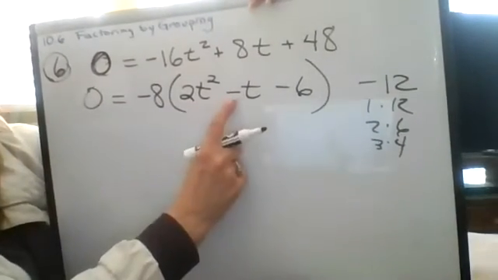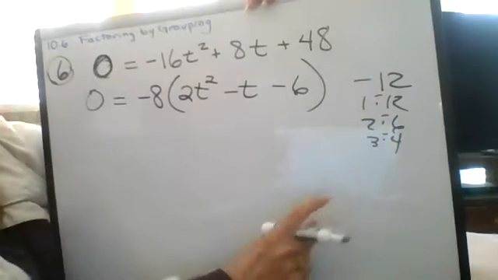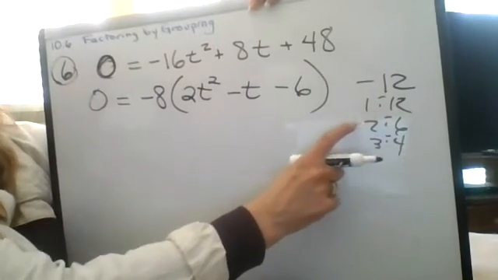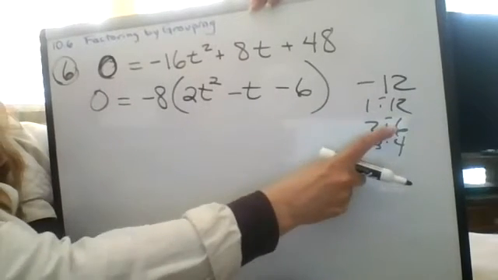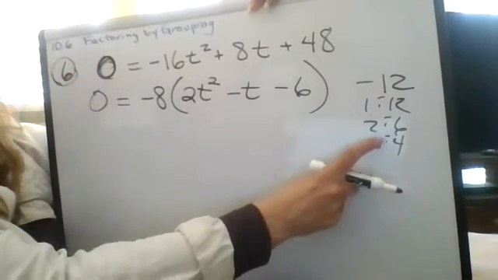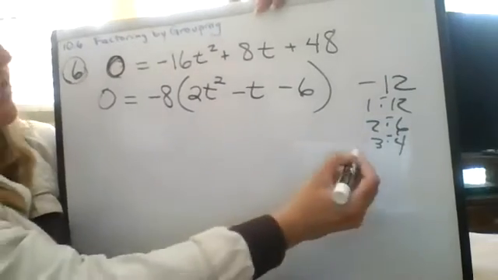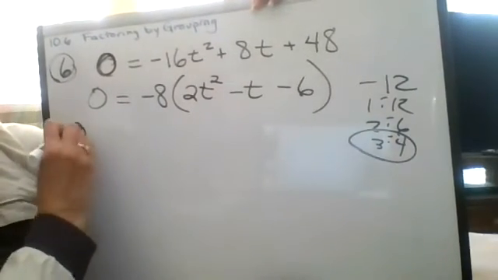Which one's negative? The larger number. So I've got a 1 and a -12, which gets me -11. That doesn't work. 2 and -6 would get me -4. That doesn't work. And 3 and -4 would get me -1. This is the one right there. That works.